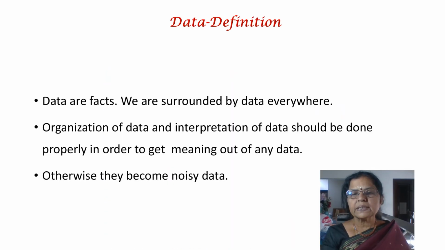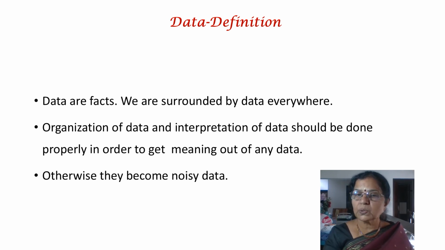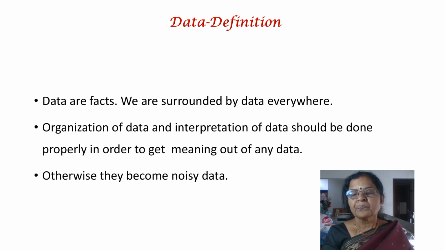Now, what is data? Nowadays, everything is data. We are in fact surrounded by data. Depending on the context, the data varies from place to place. For example, if I talk about a school, then the number of students, the number of teachers, the names of the students, the names of the teachers, the marks obtained by the students, their date of birth, all these things form the data for the school.